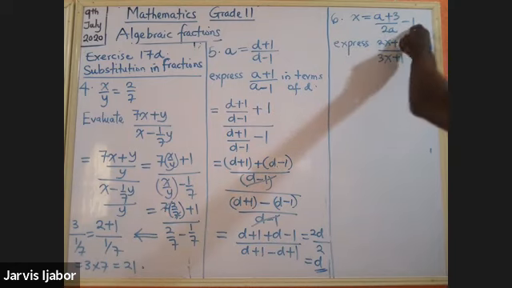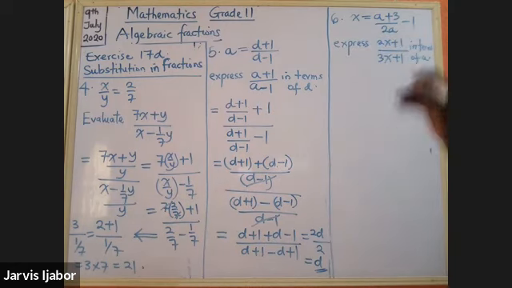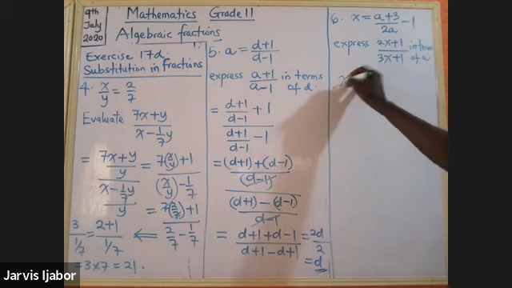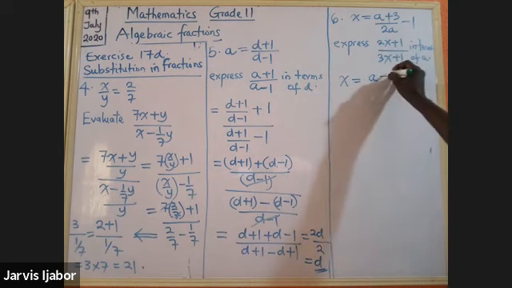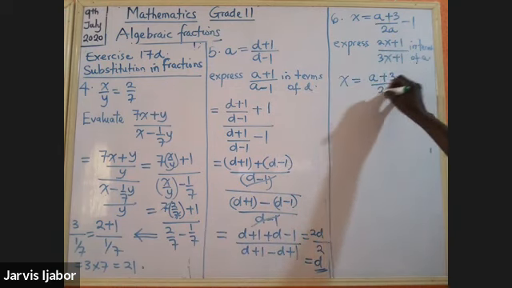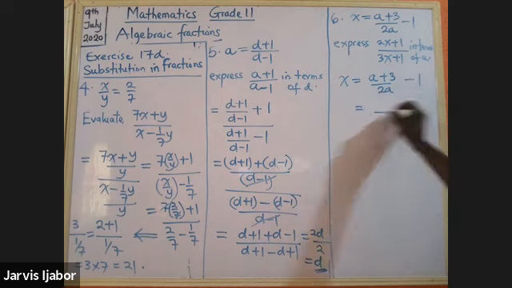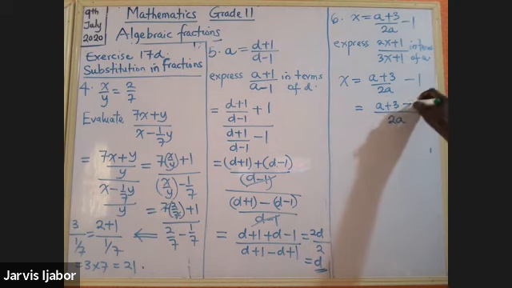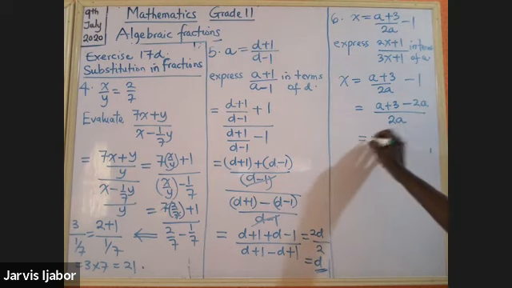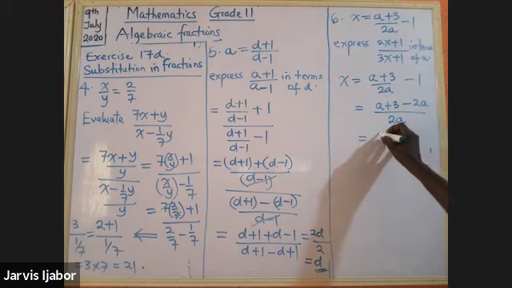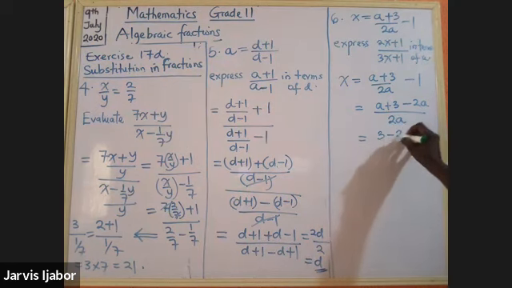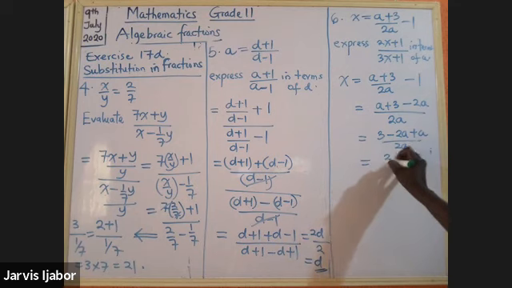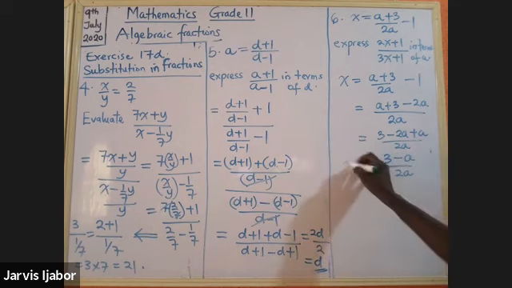x equal to this. So first of all, see what I advise you to do. Take x first. X will be equal to A plus 3 over 2A minus 1. Will be 2A, which will be A minus A plus 3 minus 2A. And that will be what? 3 minus 2A plus A over 2A, which will be equal to 3 minus A over 2A. So that's what x is equal to.